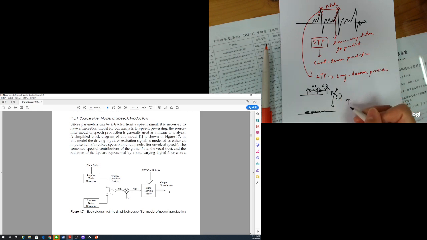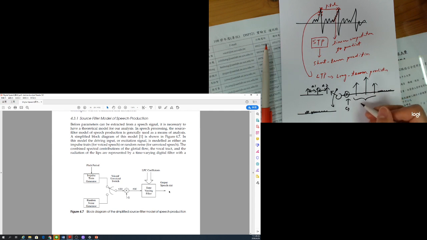Then we multiply by the gain. Different times have different gains, so some signals will be bigger, and some will be small noise.